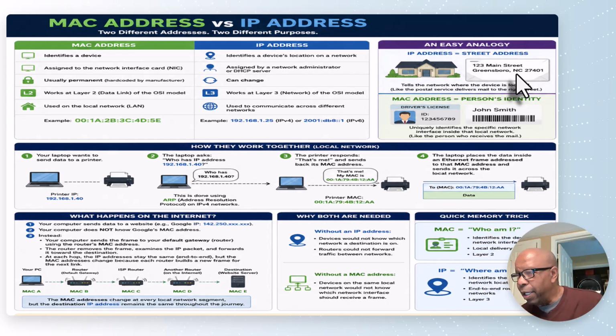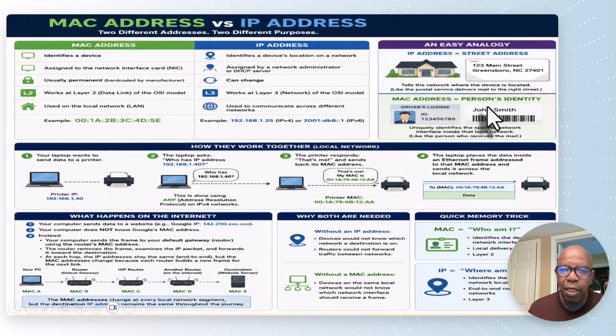So John Smith is resident at 124 Main Street. The IP address points to the location of the device. Once I get there, the MAC address gives me the ID of that particular device. So that's another way we can look at it.